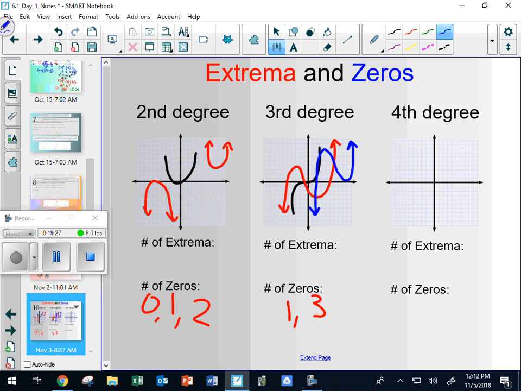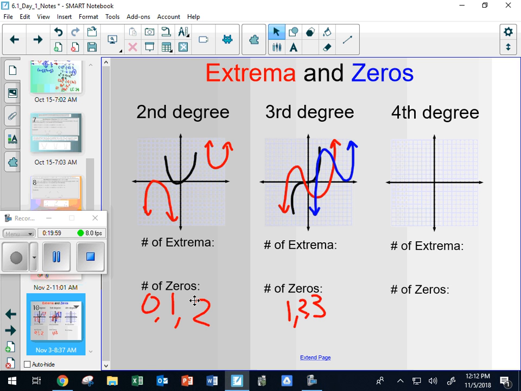Would that be considered 2? So you can have 1, 2, or 3. But the problem here with this 2 is that, is it really 2 roots there? Yeah, it is. Sorry, trying to trick you.